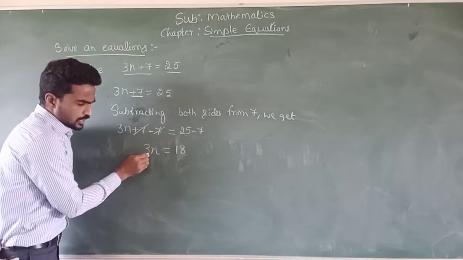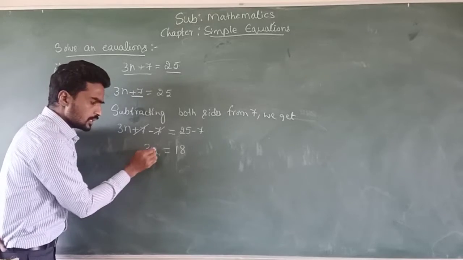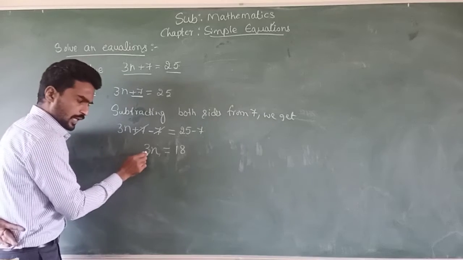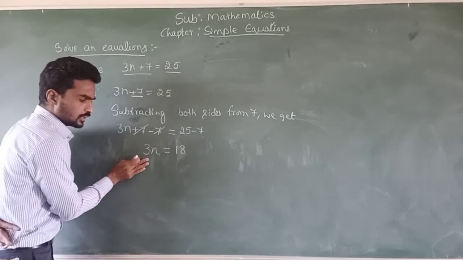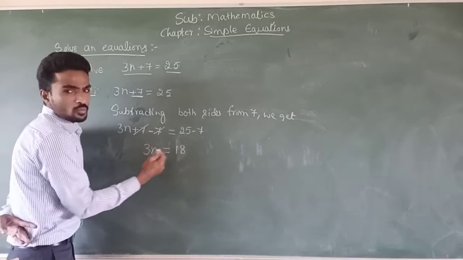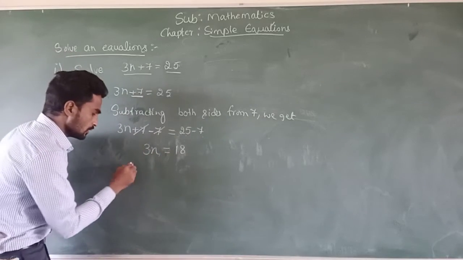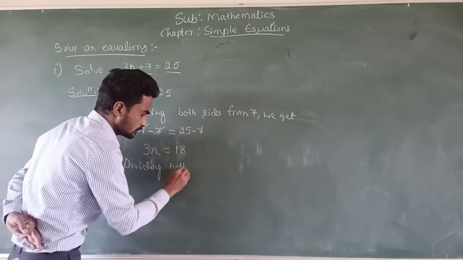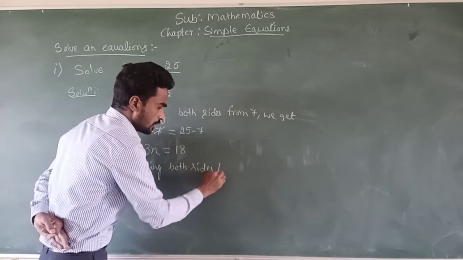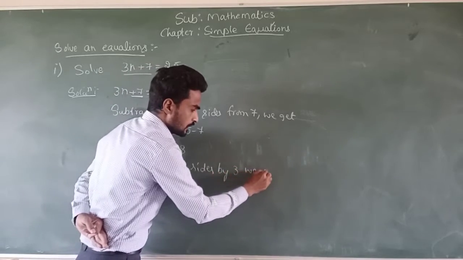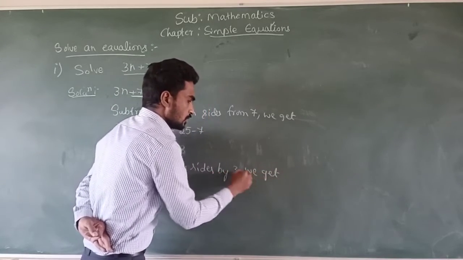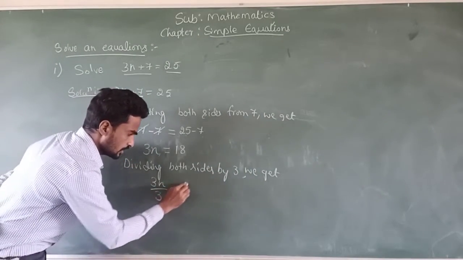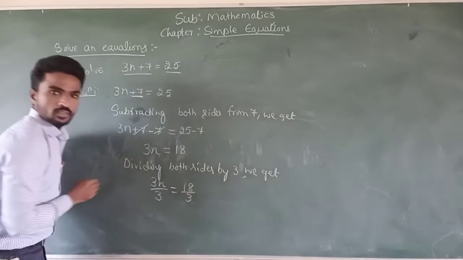Here 3 is multiplied by the variable n. Therefore, to cancel this 3, we divide both sides of the equation by 3. Then we get 3n divided by 3 is equal to 18 divided by 3.